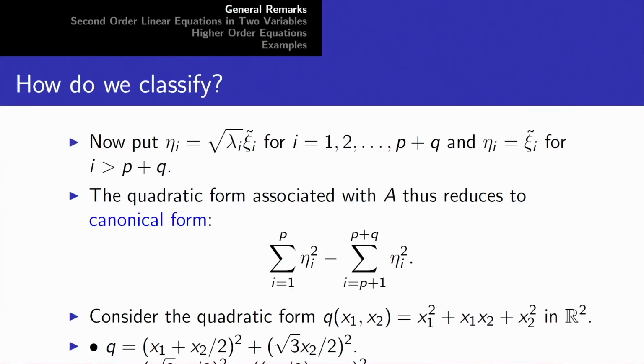This is called the canonical form associated with A, or the quadratic form associated with A. So we get only diagonal terms, and the coefficients are also either plus 1 or minus 1.